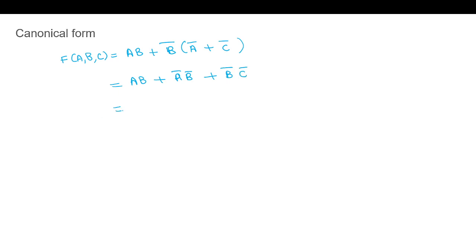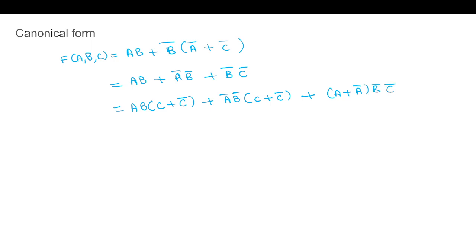Now to get the minterm canonical form, each minterm should have all the variables. So it's a three variable function A, B, C, and each term should have A, B, and C. This could be obtained by multiplying by C plus C complement, which is 1, and this by A plus A complement.